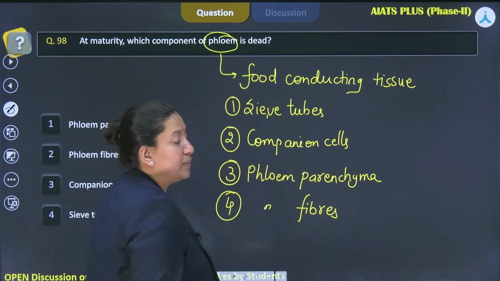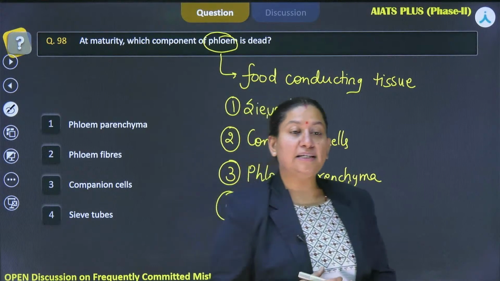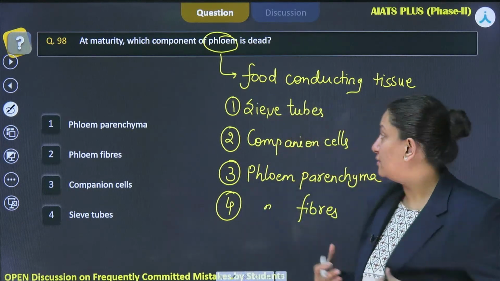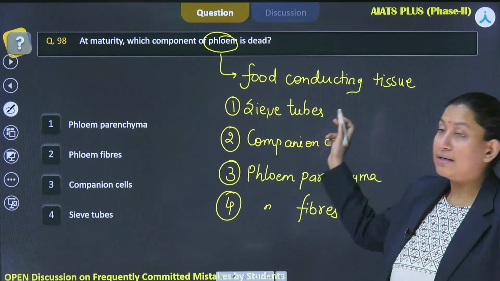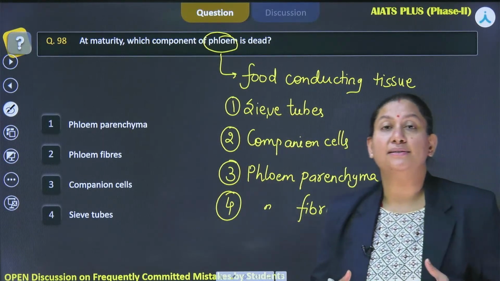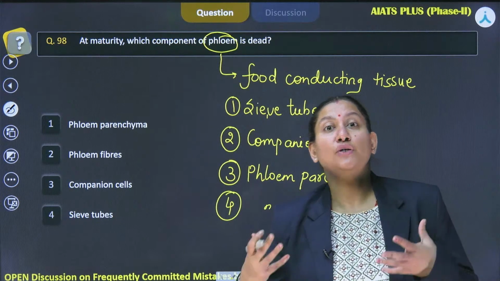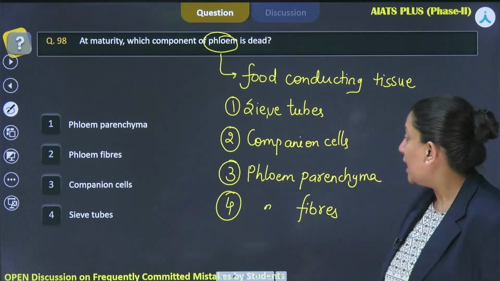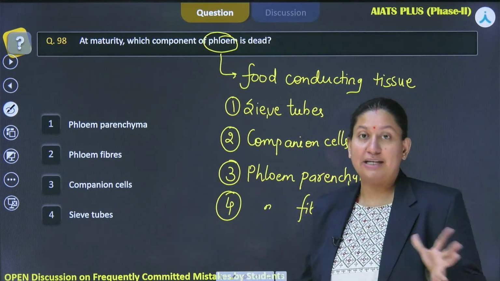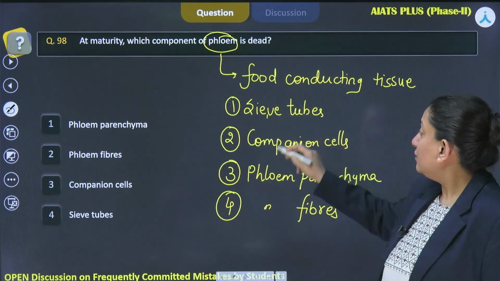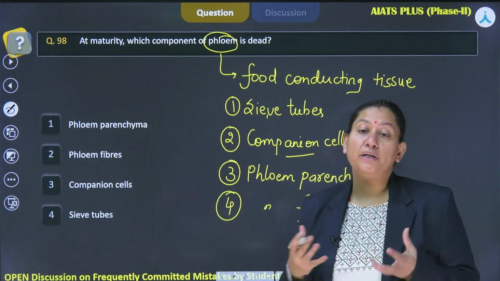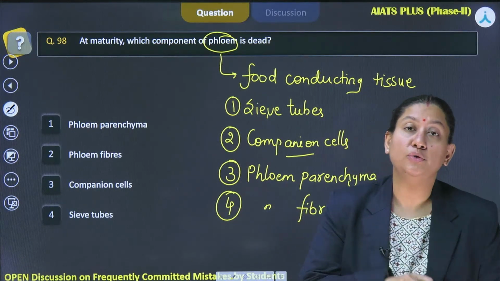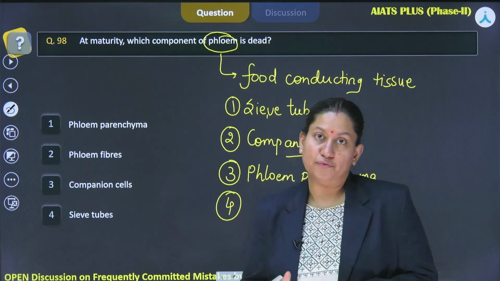Right? Now when we talk about the sieve tubes, it's an elongated structure, and the cells that constitute it are enucleated. They don't have a nucleus in them as such, right? And they have peripheral cytoplasm and a very large vacuole. Then in the companion cells, we do have the nucleus, and what we know is that the nucleus controls the activity of the cell.